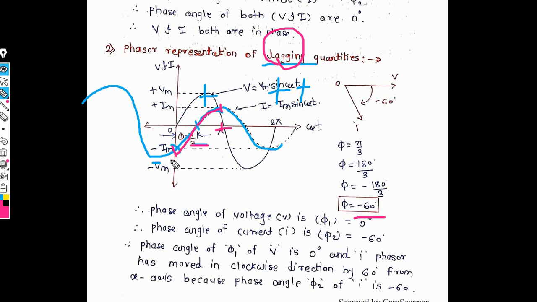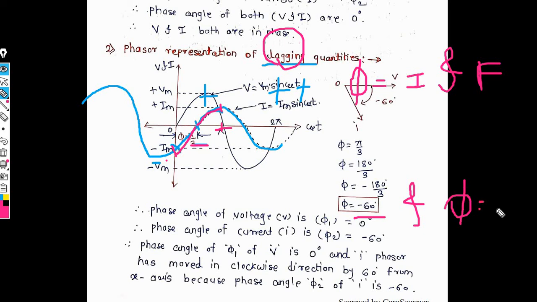The initial angle is negative and the final angle is positive. So each phi depends on the initial angle and final angle: phi initial is minus 60 and then phi is plus 60.